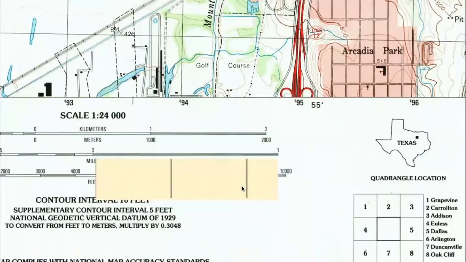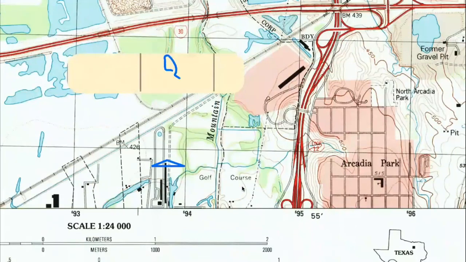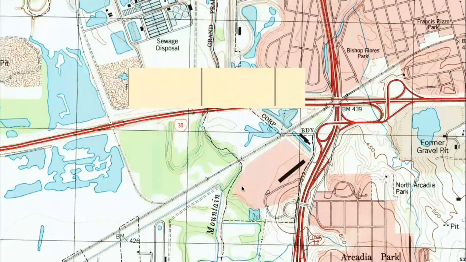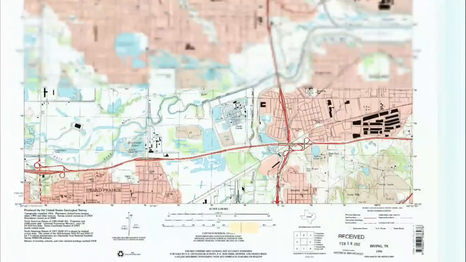Now, if I hold that there as a mile, and I bring that up into the map and put it along whatever road I am interested in, it moved around on me. If I take that and move it along this road, which is I-30, and I can rotate a little bit if I want, see that? So that's about a mile of I-30 right there. So that's how you would do it if you had this printed out: you'd use a piece of paper and actually measure things that way. All right, so that is how the scales work.